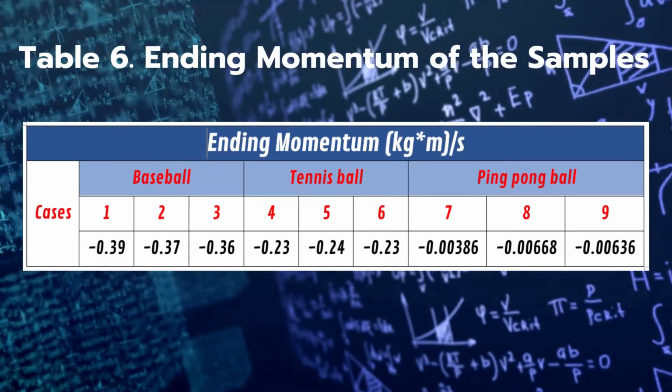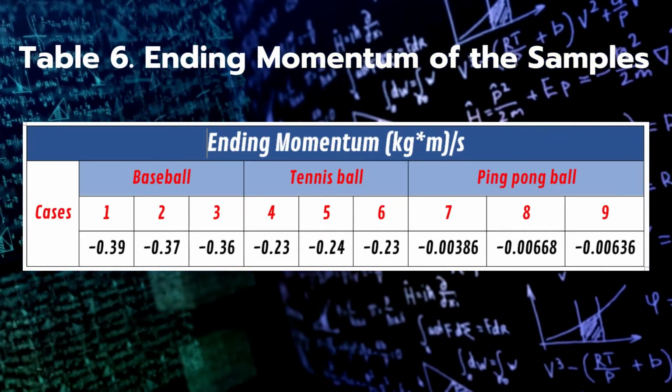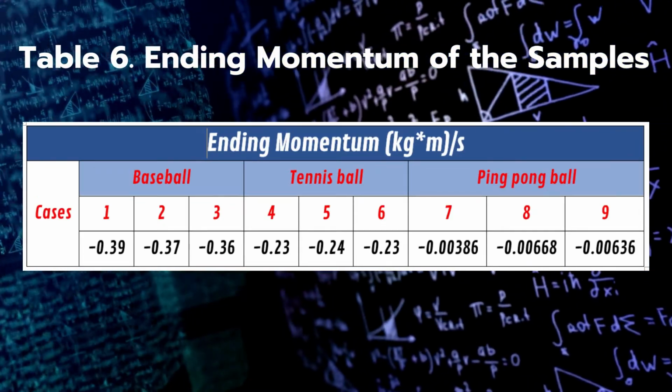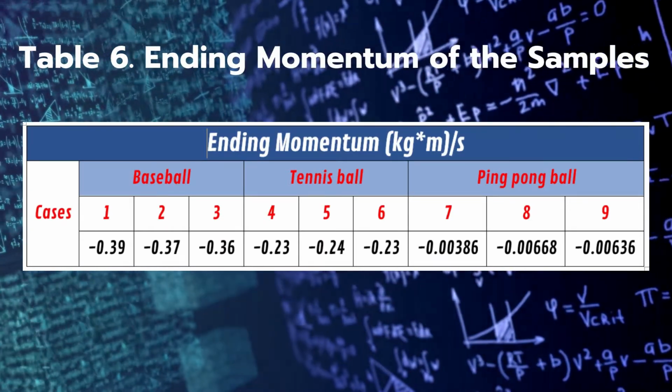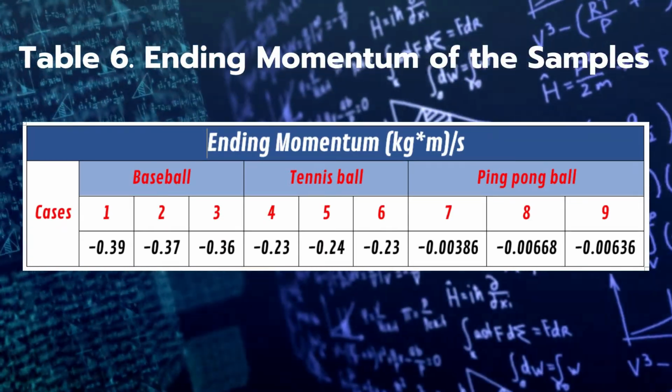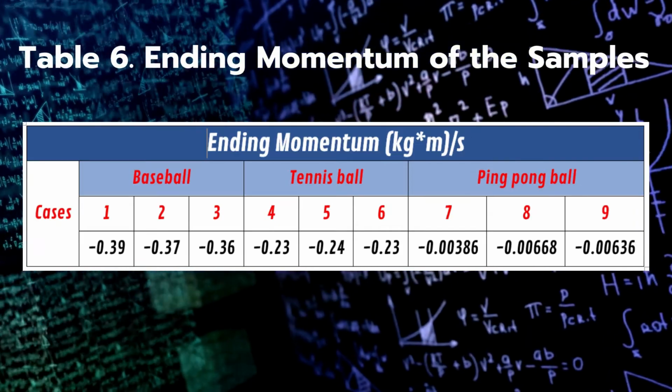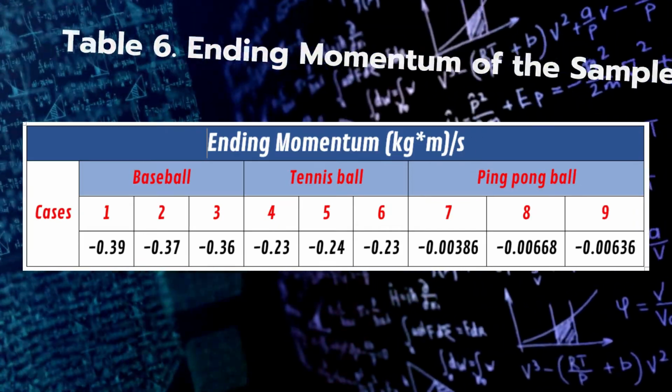For the cases of tennis ball to carpet, tiles, and concrete floor, the ending momentum are negative 0.23, negative 0.24, and negative 0.23 respectively.